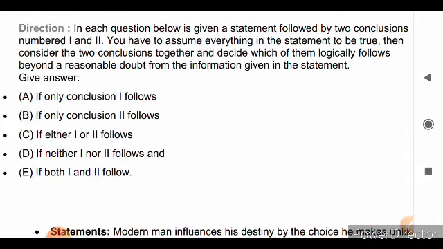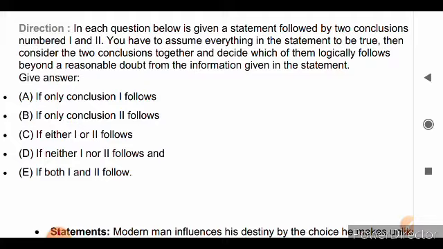arithmetic. Next question is, direction for question. In each question below is given a statement followed by two conclusions numbered 1 and 2. You have to assume everything in the statement to be true, then consider the two conclusions together and decide which of them logically follows beyond a reasonable doubt from the information given in the statement.